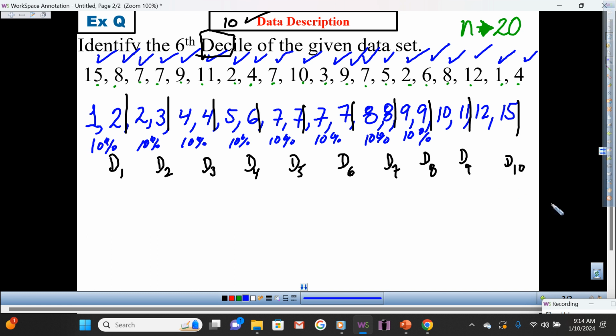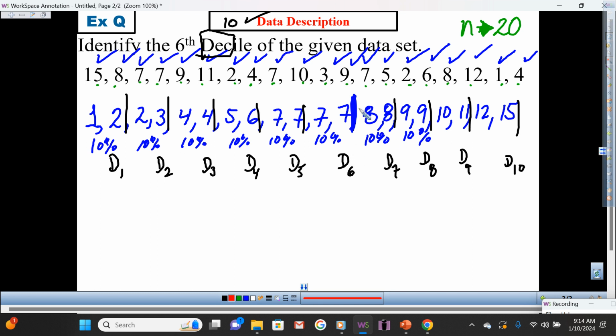All right, so it says identify the 6th decile. So the 6th decile is here, all right? But specifically right here. So how do we identify that number between 7 and 8? What do you guys think we do to identify the 6th decile?